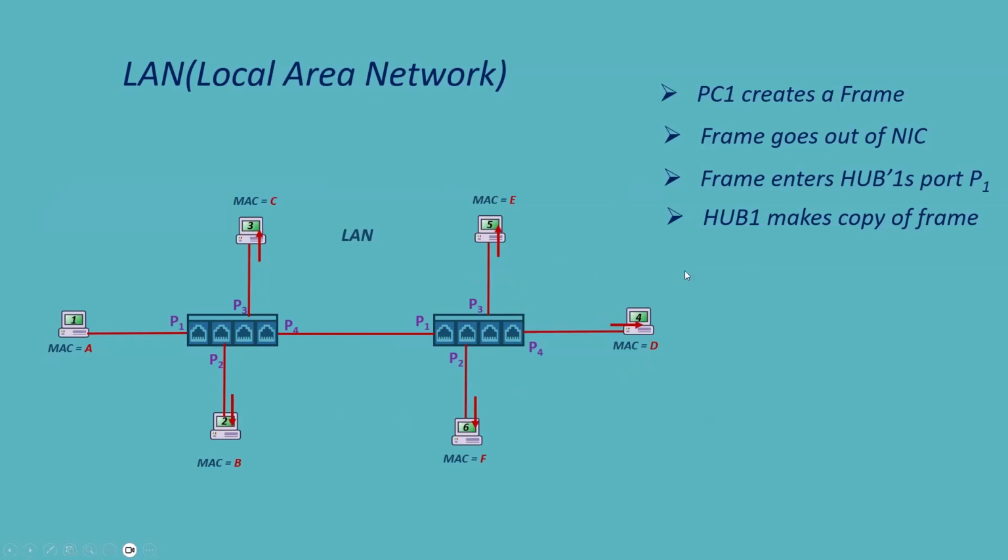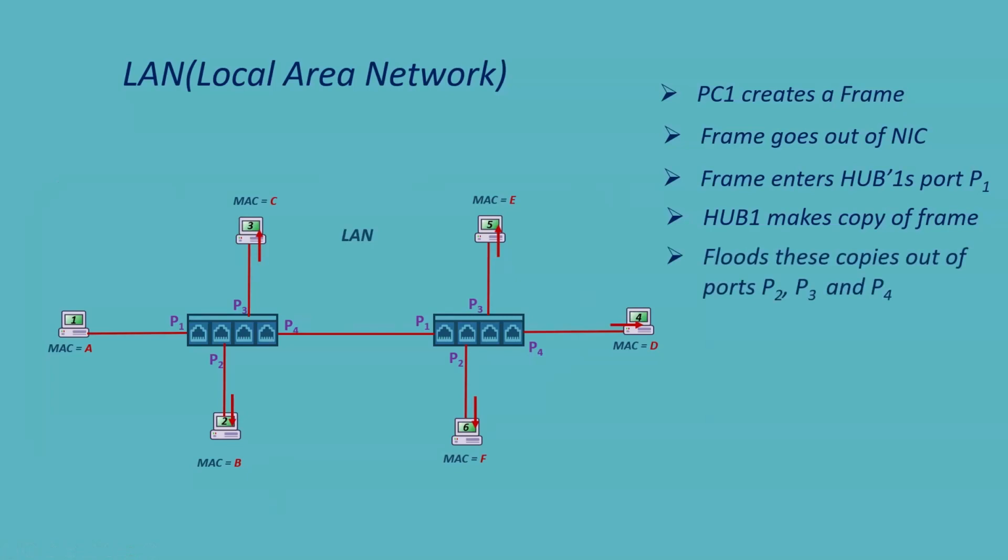And since this is a broadcast intended for all, the PCs will check the destination address of the frame, find it to be all, and since they are part of all, they will all accept it. So this becomes a single broadcast domain. This is a single LAN and a single broadcast domain.